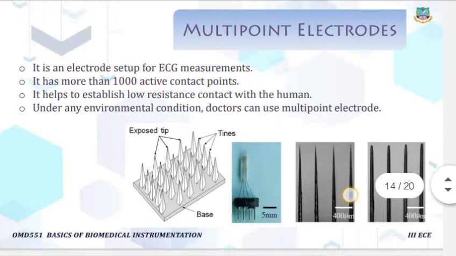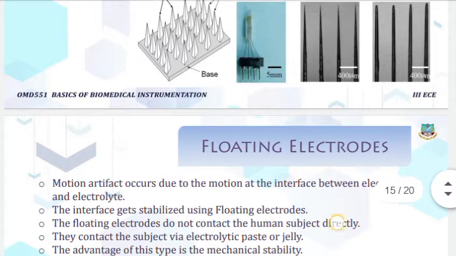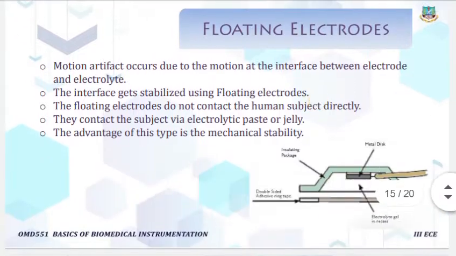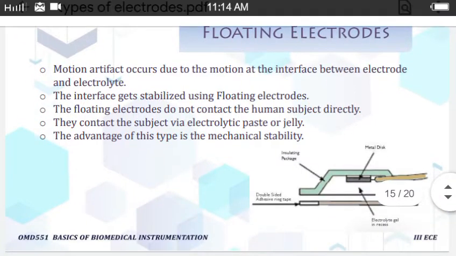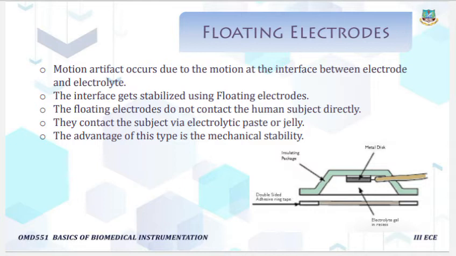So the next one, the floating electrode. In this electrode, the metal does not contact the object directly. The contact is just made through an electrolyte bridge.